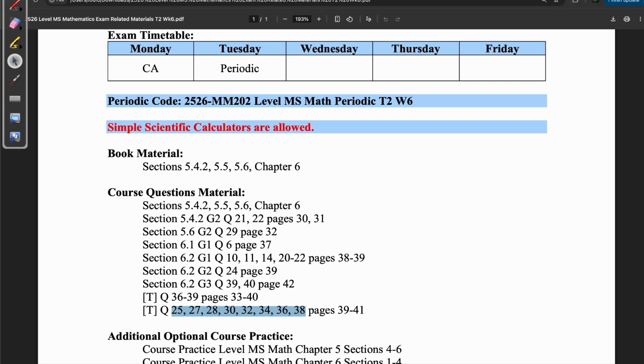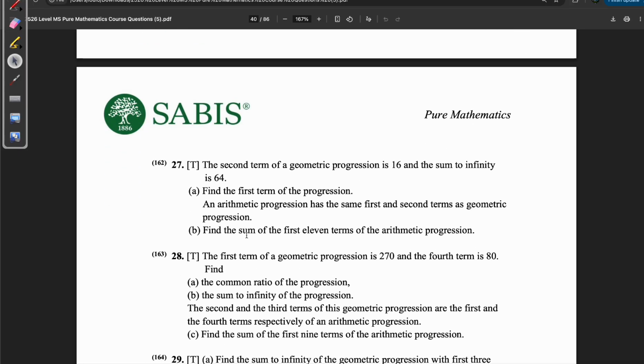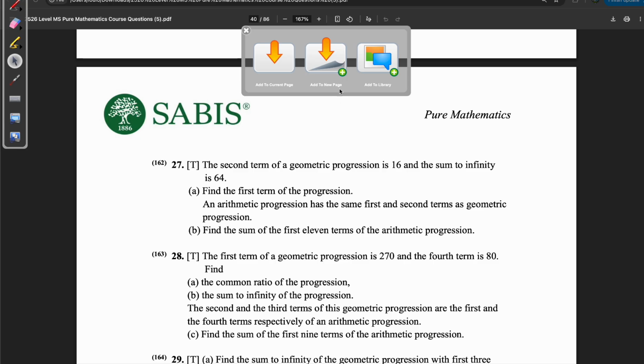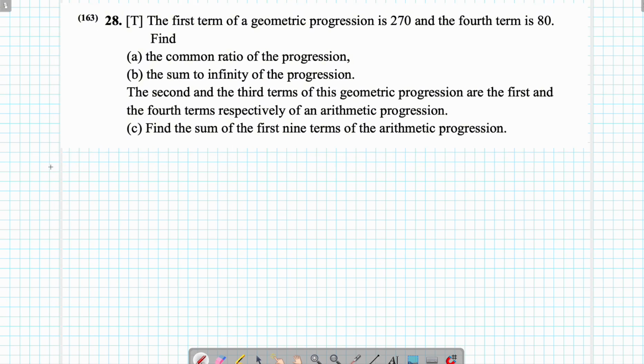And then we're going to do number 28. The first term of a geometric progression is 270 and the fourth term is 80. What is the common ratio? Look, the rule for Gn is equal to G1 times r to the power of n minus 1.